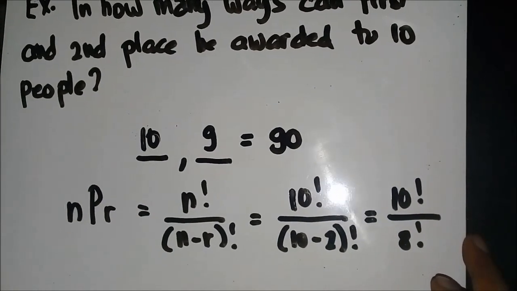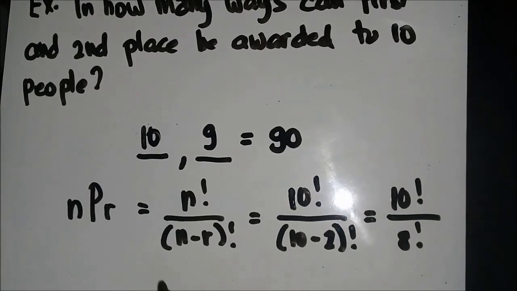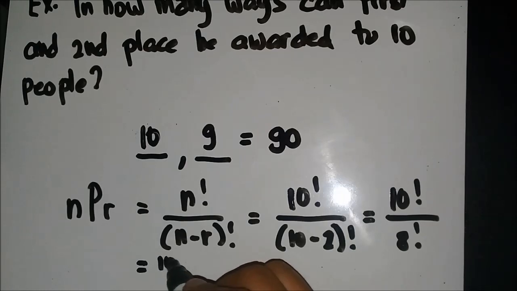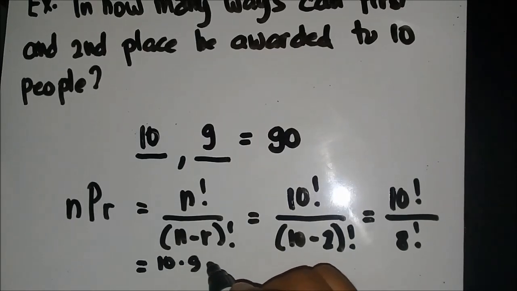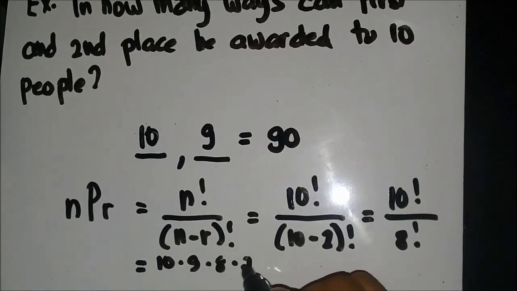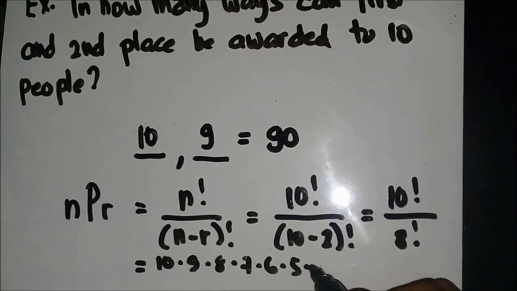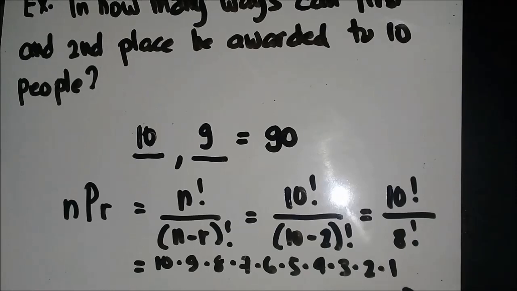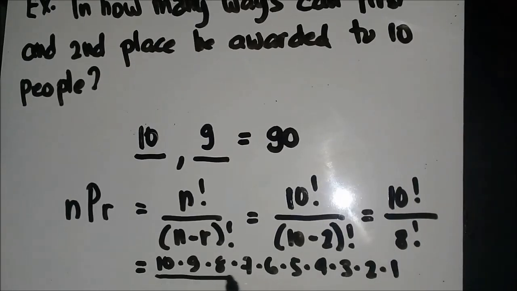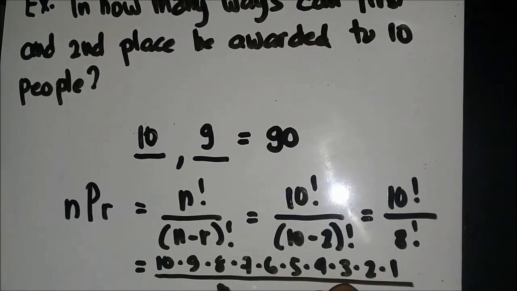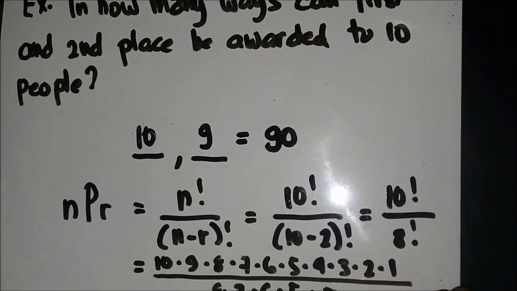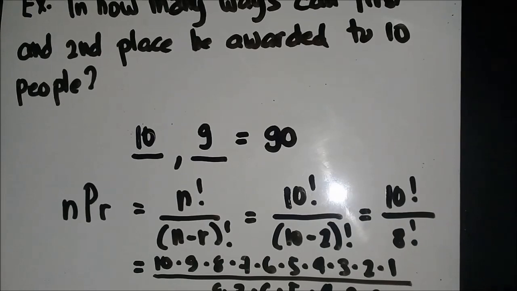Now, one way of solving this one is to write 10 factorial here as 10 times 9 times 8 times 7 times 6 times 5 times 4 times 3 times 2 times 1. And then divide that by 8 factorial, which is 8 times 7 times 6 times 5, 4, 3, 2, and 1.